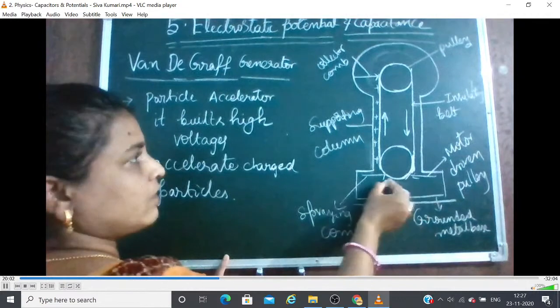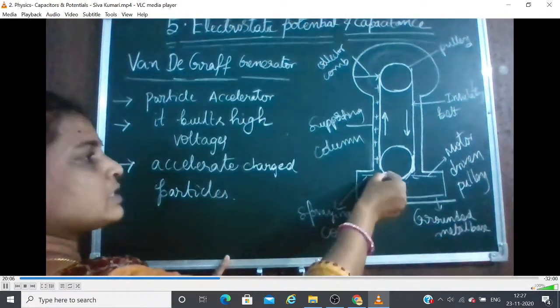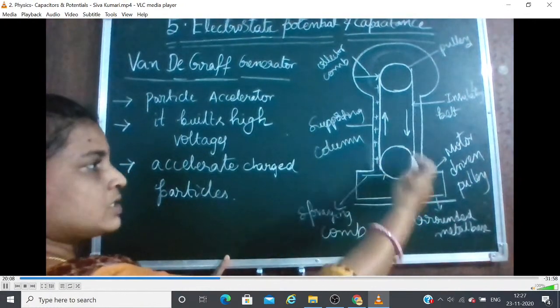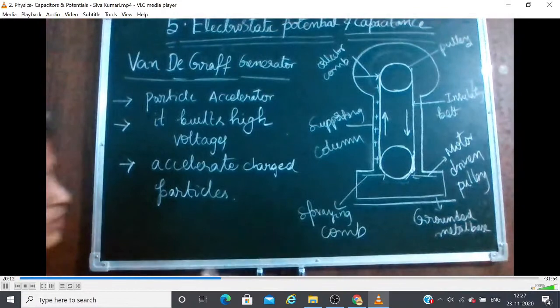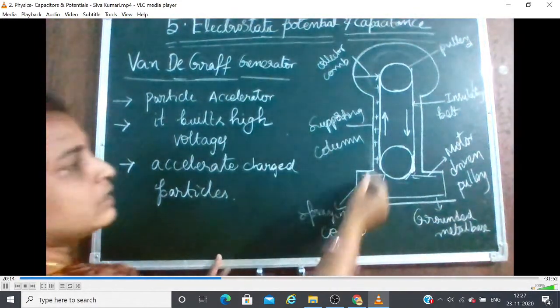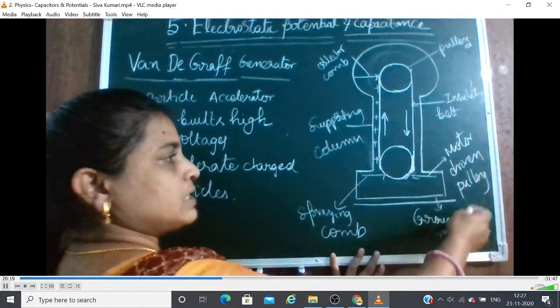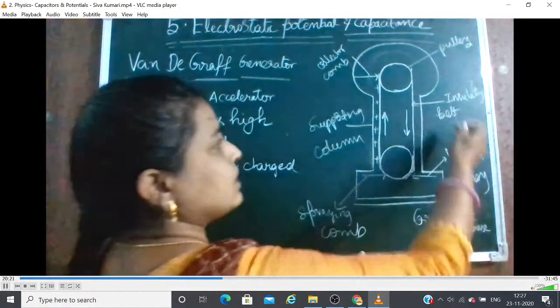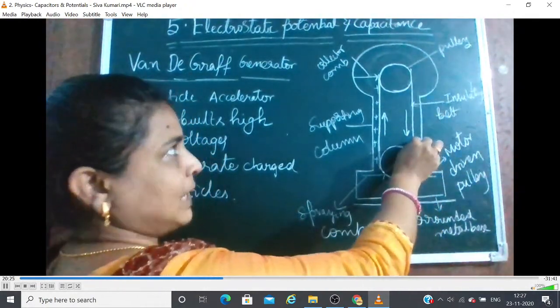By spraying the charges at this point, it can discharge the positive charges in this direction, and I will explain how. And this is the supporting column, and these are the grounded metal bases, and it will have an insulating belt. This is the insulating belt.